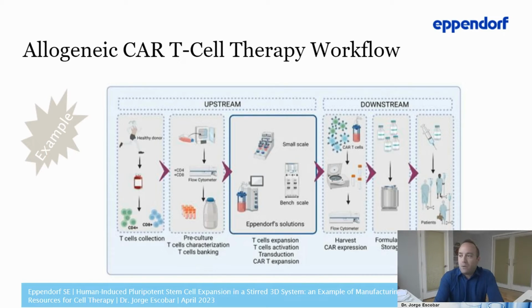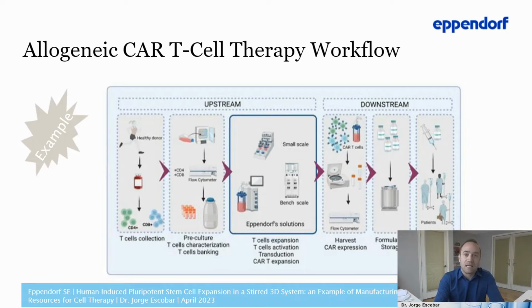So I want to show here a clear example of an allogeneic strategy, specifically an allogeneic CAR T cell therapy approach. I don't want to go really into detail here, but as you can see in the slide, there are different steps in the upstream, such as T cell isolation, the preculture, the T cell characterization and banking, going into the scale-up process.